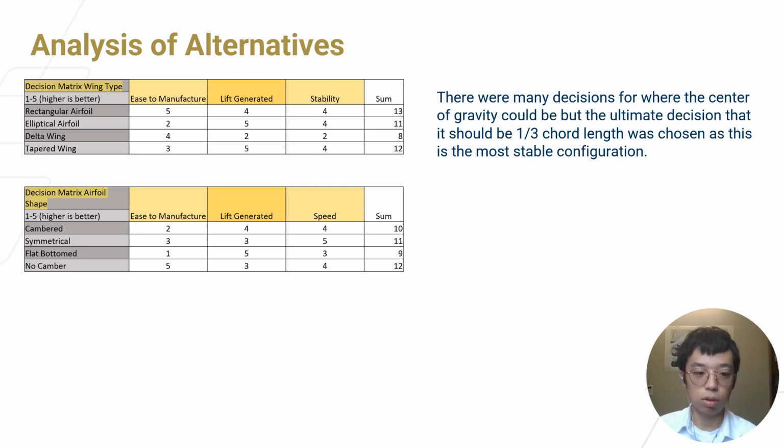So I decided to go with no camber, as you can see by the sum of all of the values. There was also another decision for where the center of gravity could be, but after some research, it was ultimately decided that it should be a third of the chord length from the front.